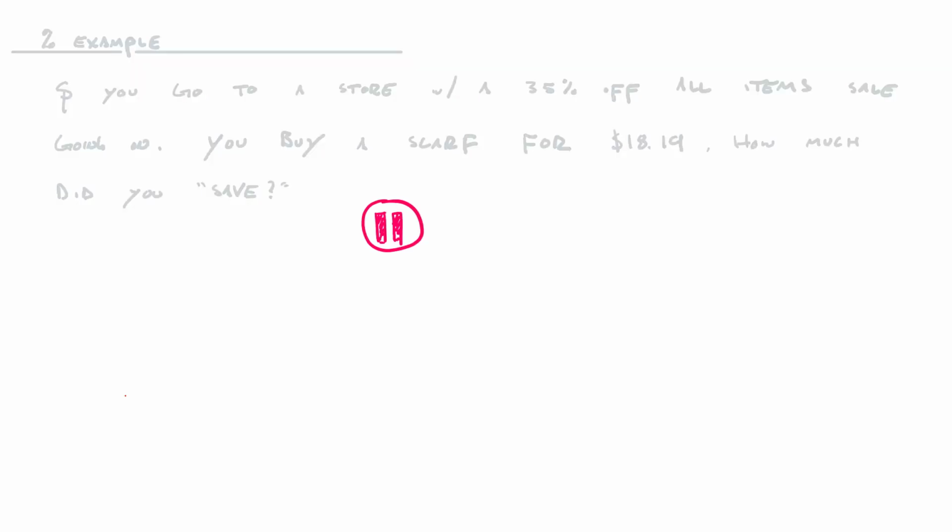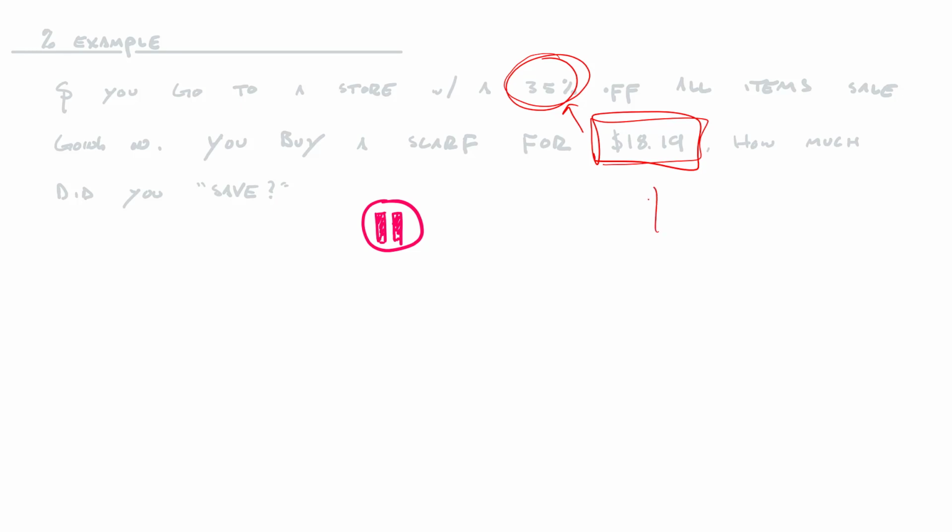Now, I want to pause here for just a second because even though it says there's a 35% off sale going on, this amount has really nothing to do with 35%. I guess 35% off equates to 65% of the original value, right? You take 100%, you take 35 off of it, you're left with 65%.